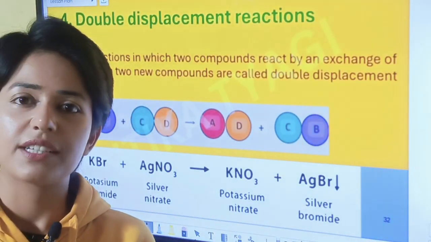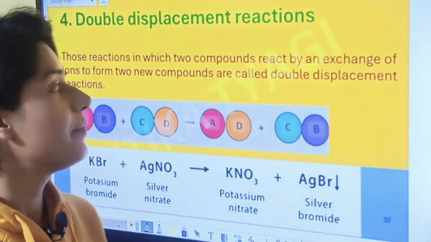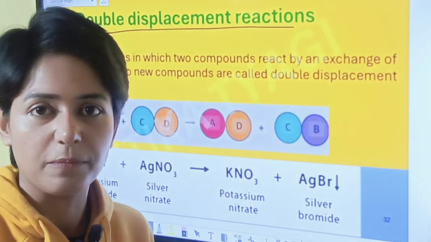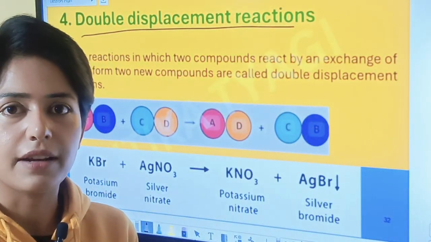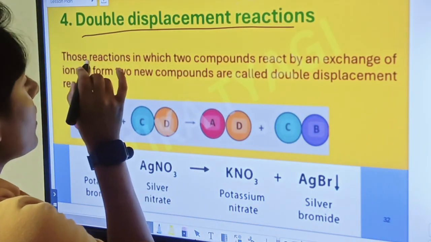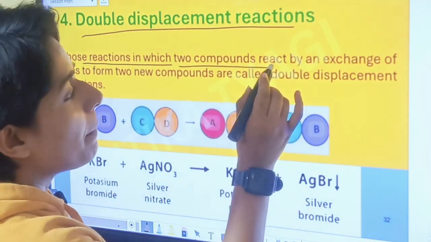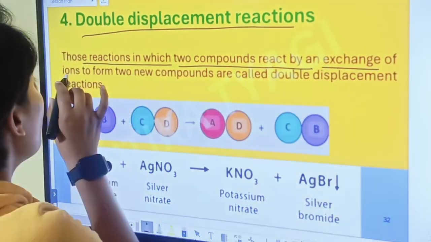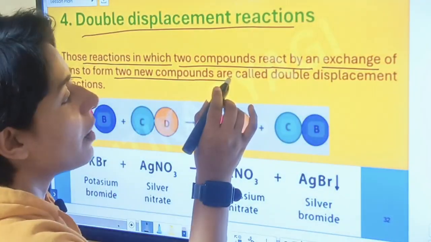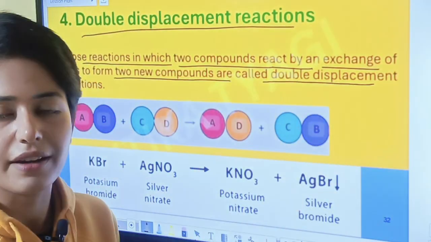Now we are going to discuss the fourth type of chemical reaction, that is double displacement reaction. What are double displacement reactions? Those reactions in which two compounds react by an exchange of ions to form two new compounds are called double displacement reactions.